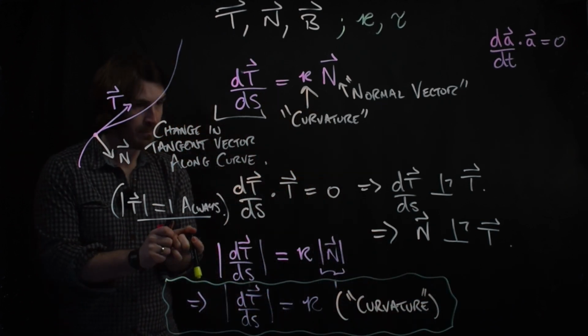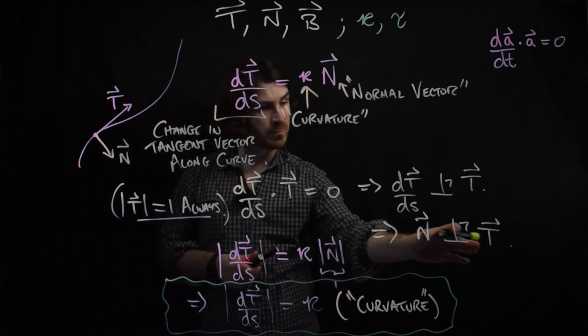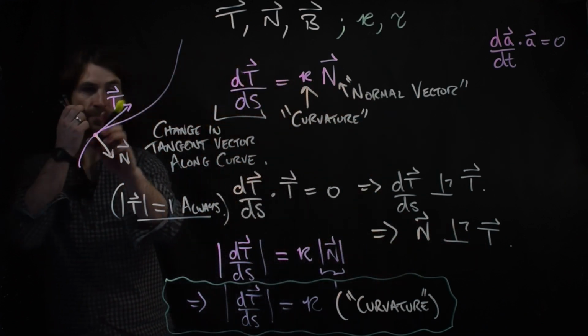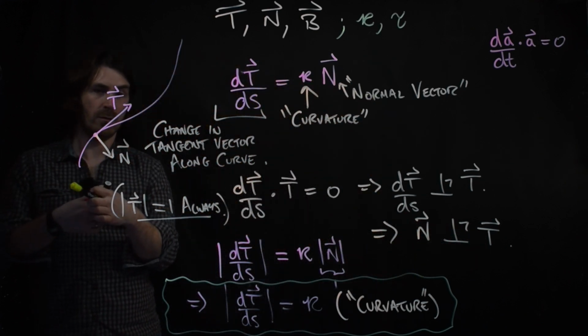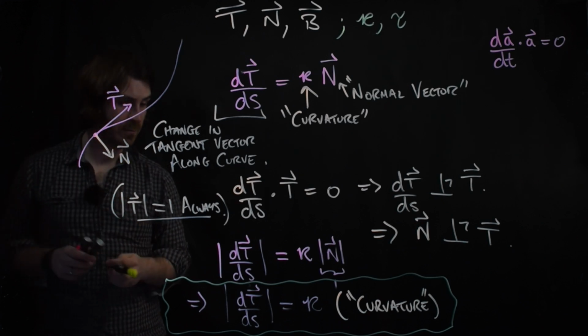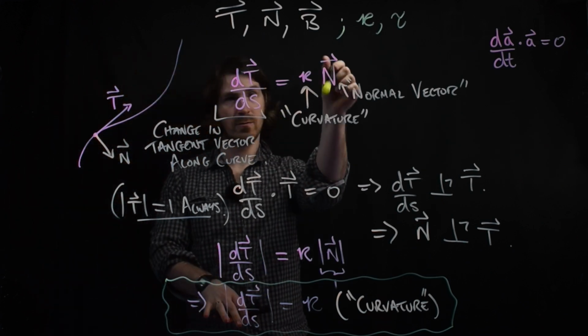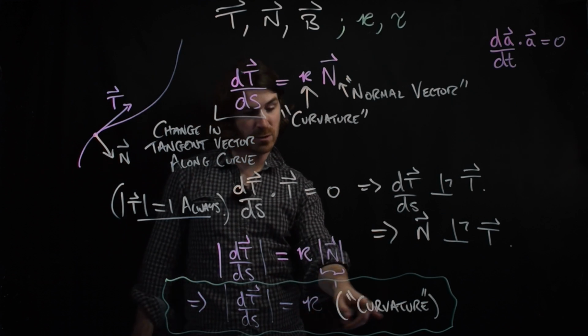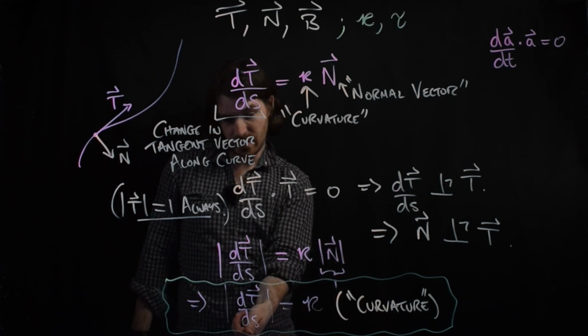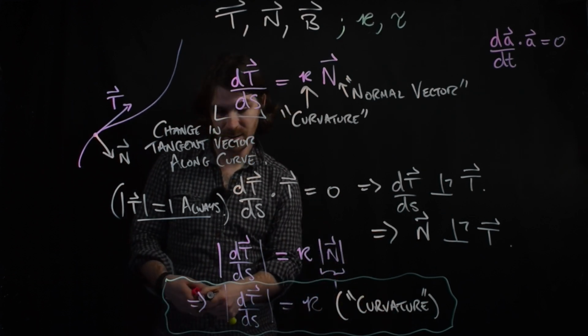So this N, this normal vector, is perpendicular to T. N and T. And if we take the magnitude of this, then we find that this curvature is the magnitude of dT by ds.